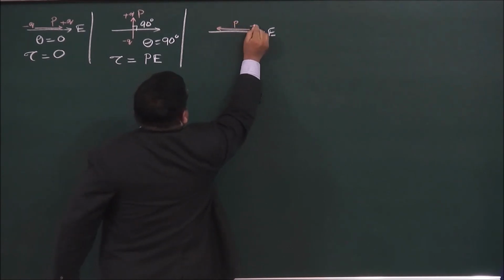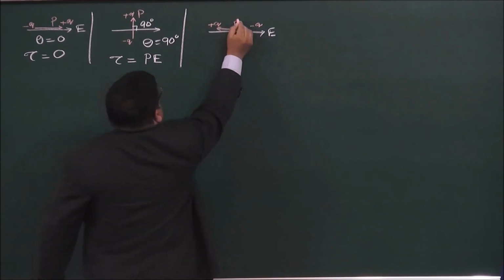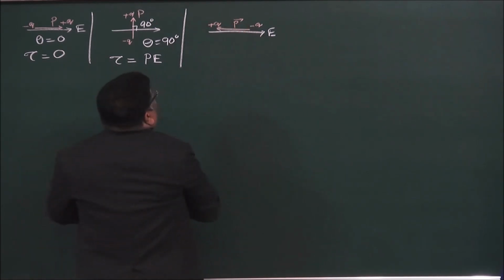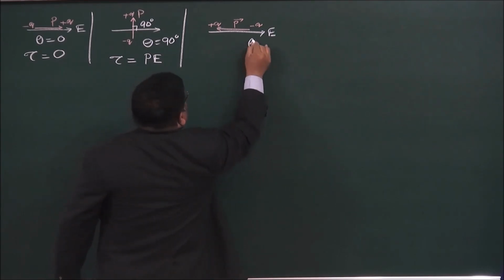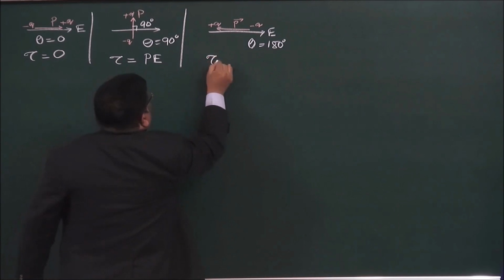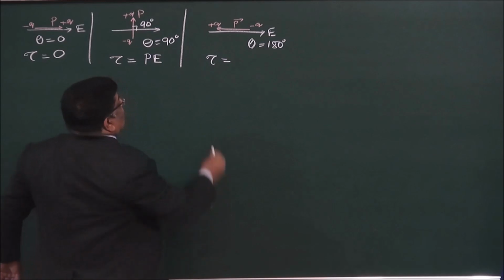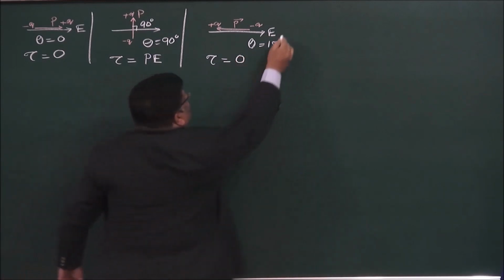P, here is minus q, here is plus q. Now P is in this direction, and how much is theta here? In this case, theta is equal to 180 degrees. Then what will torque be equal to? This is PE sine 180, that is 0. So torque is again 0.